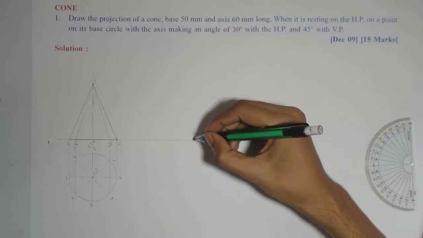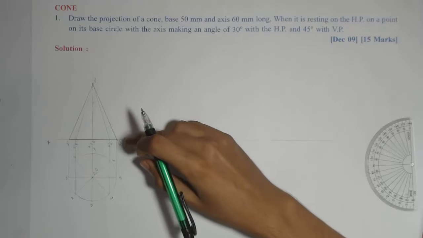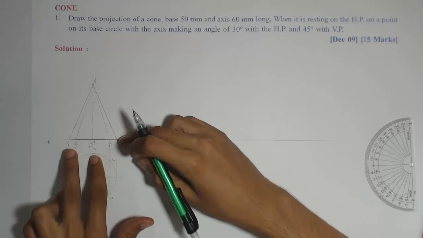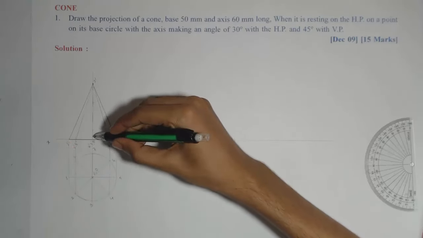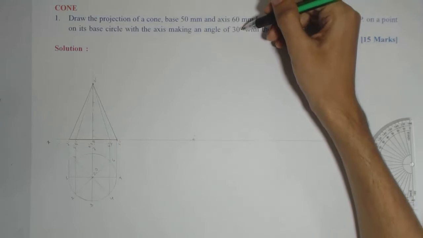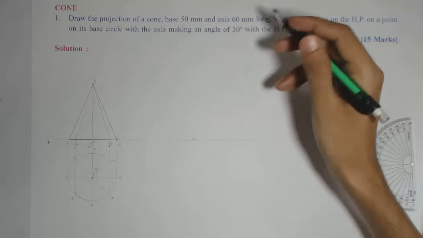But now from 5 dash we can't directly start with the axis. With 5 dash we can draw only the base. And we know the relation between base and the axis, that they are perpendicular. So if axis is inclined at 30 degrees, obviously the base will be inclined at 90 minus 30, which is 60 degree.